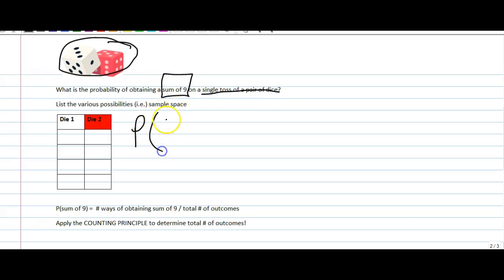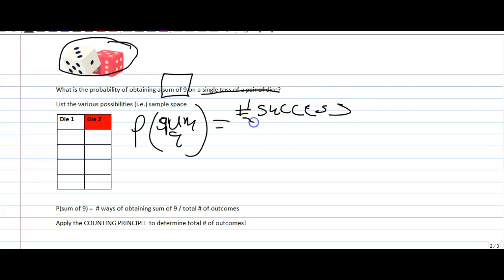So here I want the probability of obtaining a sum of 9. So the first thing I need to do is determine the number of chances for success, and I'm going to divide that by the total number of outcomes.